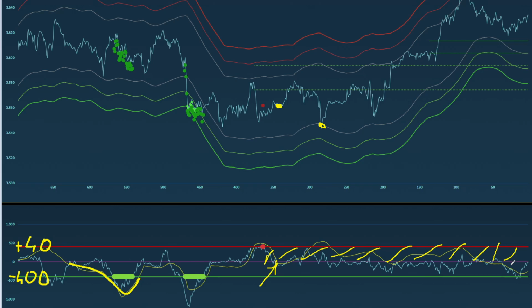The first reversion we might get starts somewhere here. It almost hit minus 400. So if it would get to 0, then we would start to look for shorts, right? So if it would do something like that.